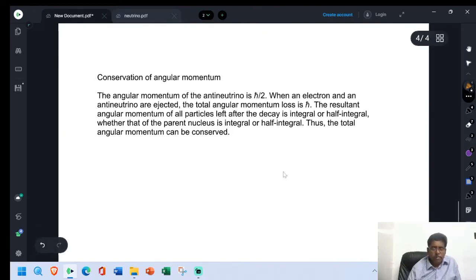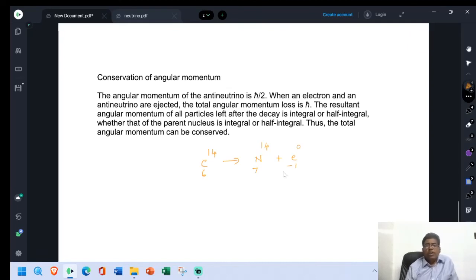To understand this, consider the equation. Carbon 6, 14 is converted into nitrogen 7, 14 with the emission of electron. Without the emission of antineutrino, if you discuss this reaction, this is a boson because of this even mass number. Here nitrogen 7, 14 also has an even mass number.